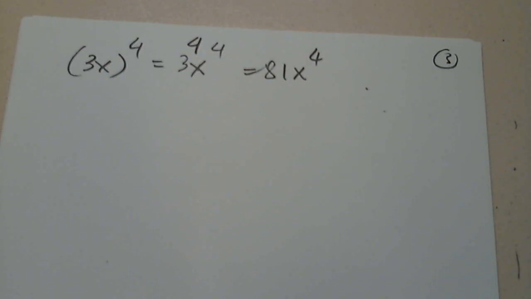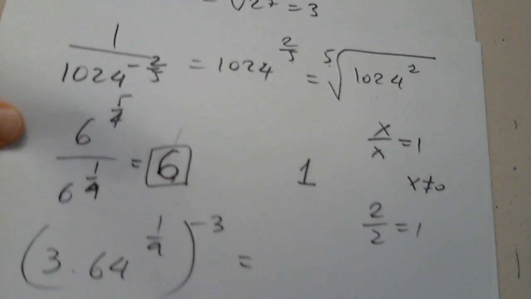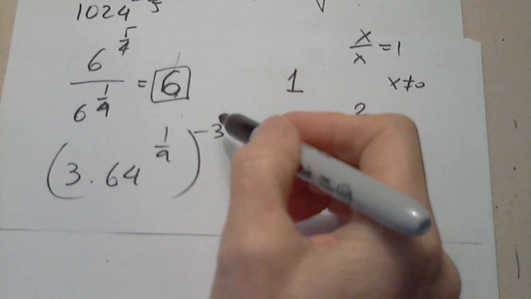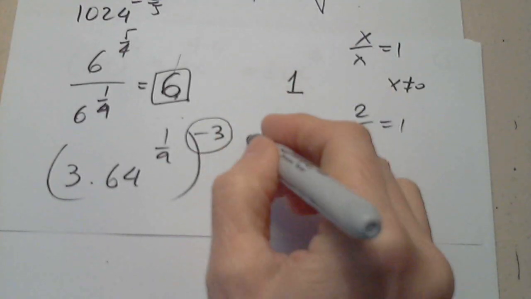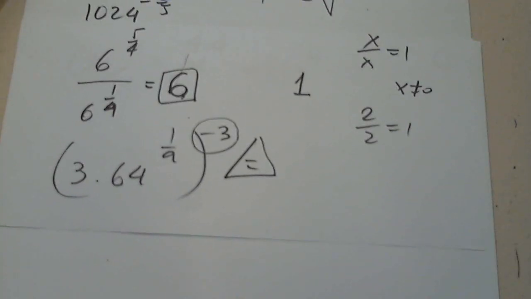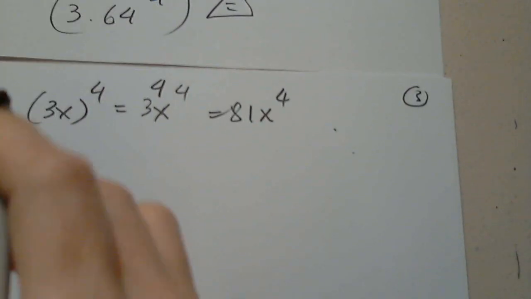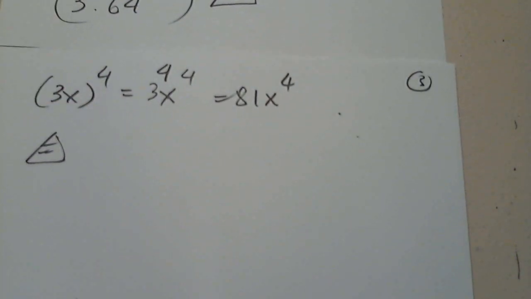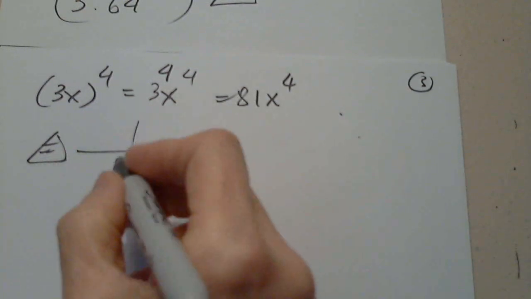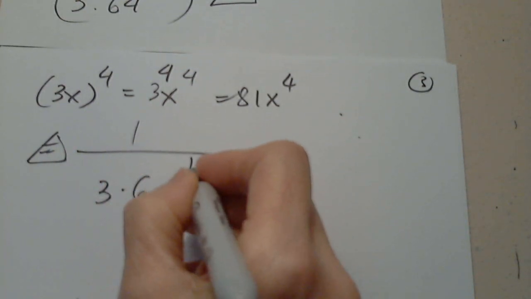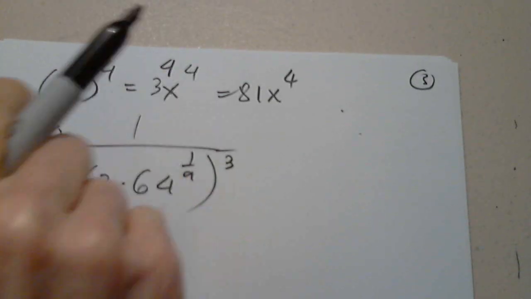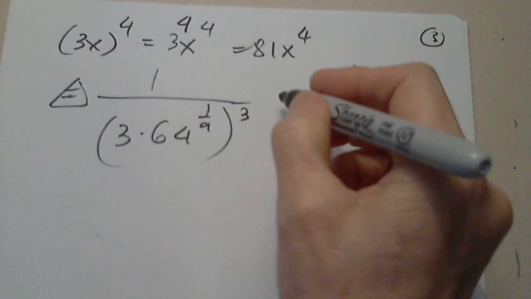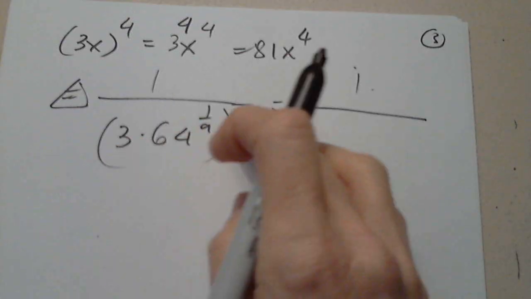Thank you. Absolutely. So then coming back here to our example. First, if you remember, we said let's address the negative exponent. We don't want negative exponents. So I'm going to jump over my explanation here. Follow the triangle. So I first write 1 over 3 times 64 to 1 over 9 and everything to the 3rd. And now I apply this rule. What rule? I still have 1 over, but 3 to the 3rd.